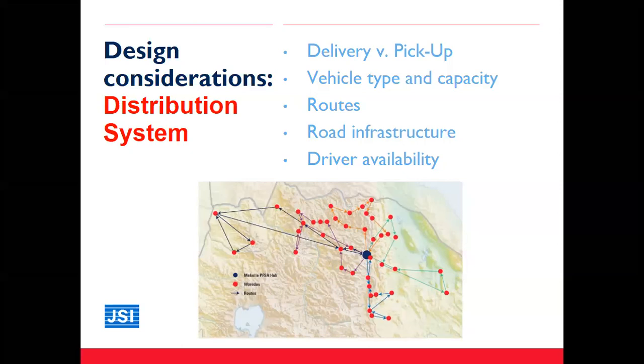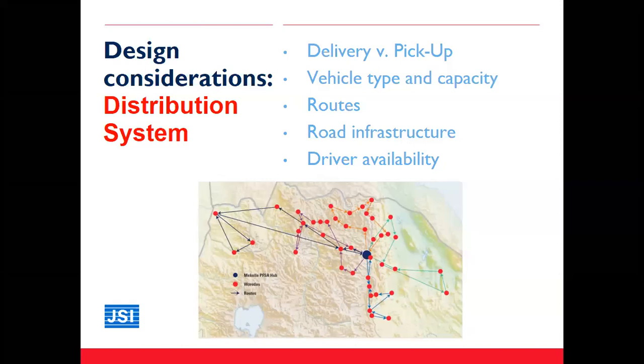During the design process, we need to answer such questions as who delivers or picks up the product, and what vehicles have sufficient space and cold chain capacity, or what is the availability of passive cold chain equipment. Distribution routes should be mapped out to minimize transport time between storage facilities and between storage facilities and service delivery points. The best routing may not always strictly follow administrative levels in the pipeline.